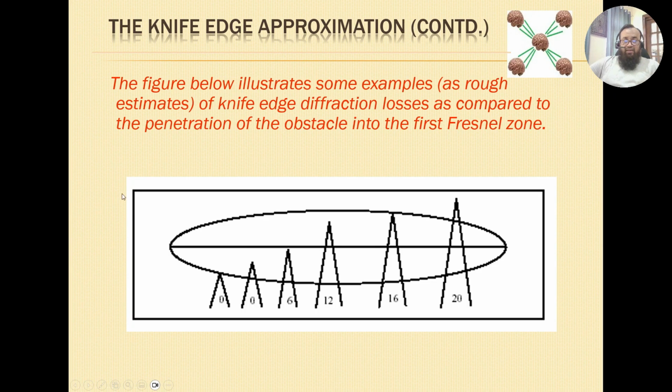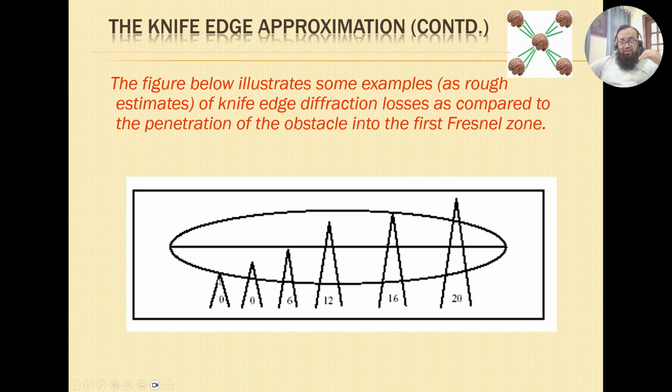Now in this figure you can see some rough estimates. Don't take them as exact. We don't have only one Fresnel zone. For us the most important is the first Fresnel zone, but path loss calculates almost all the Fresnel zones, because the Fresnel zones depend upon how much clearance there is between the ground and your direct incident ray.